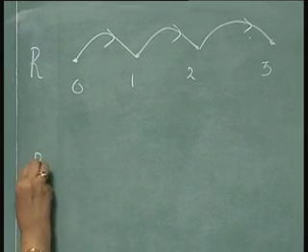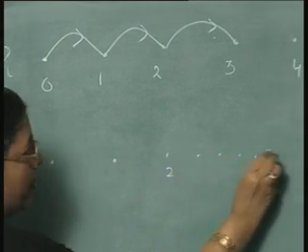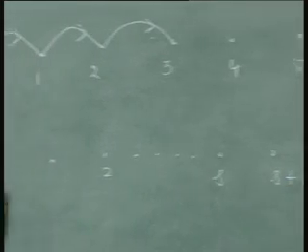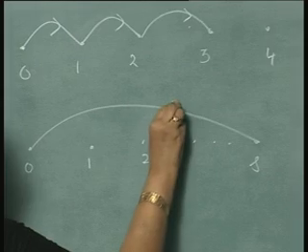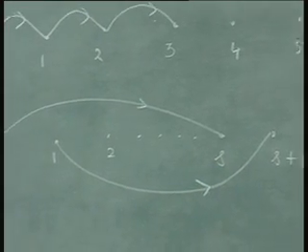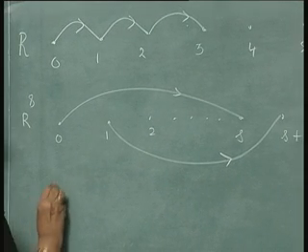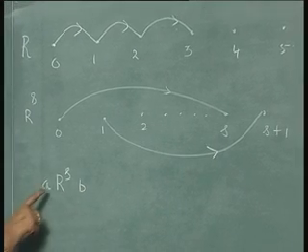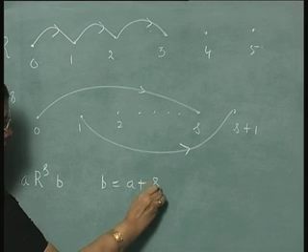So, R power S will be denoted by 0 related to S, 1 related to S plus 1, and so on. So, if A is related by R power S to B, then B will be A plus S.